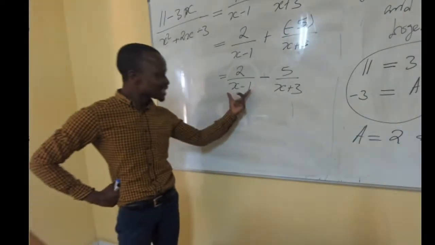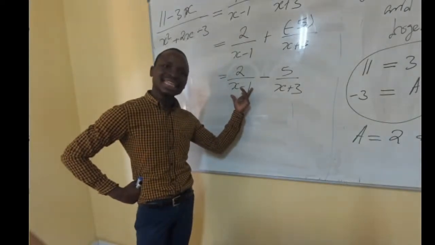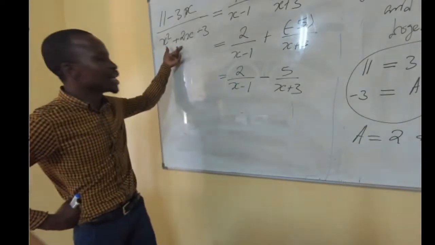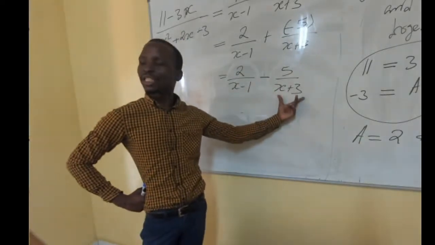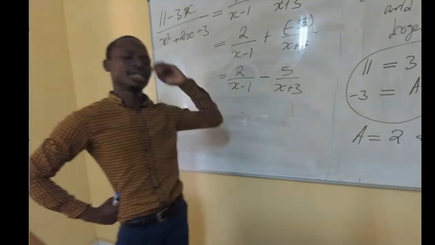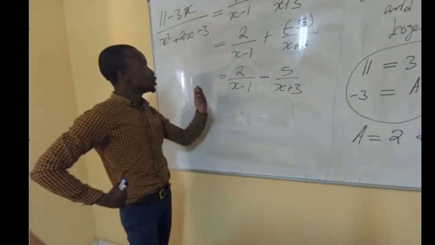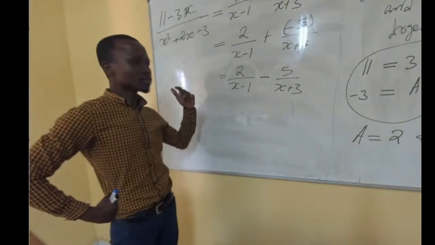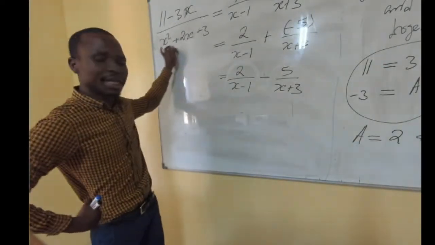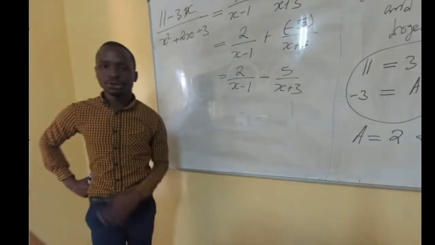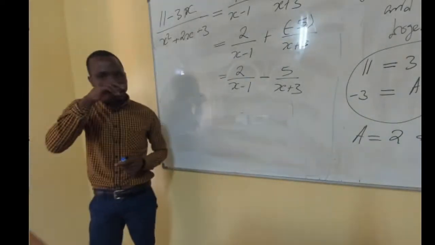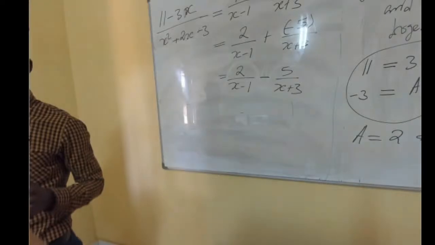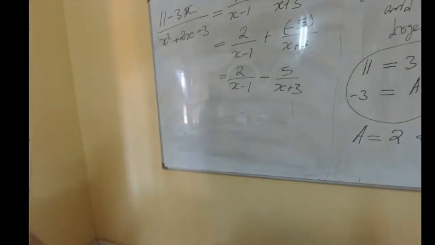The highest degree of this denominator is lower than the highest degree of the original denominator. You can also look at the other one, which is x plus 3. The highest degree is 1, which is also less than the degree of the original denominator. So this is the first question that I talked about, which we are supposed to do under this session.